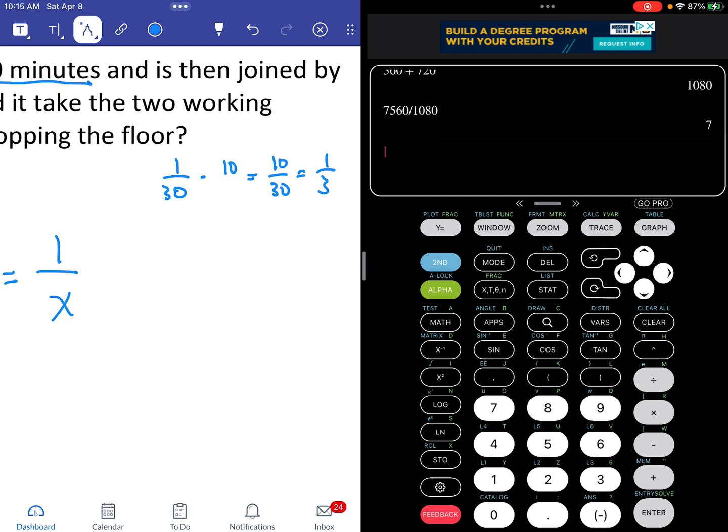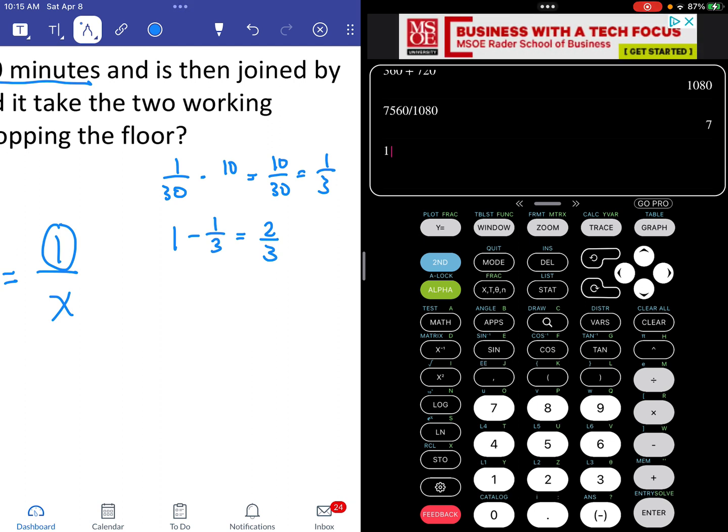So we're going to take our total job, which in this case is the 1, and subtract how much Star did. She did 1/3 of the job, which gives us 2/3 left over. So 1 minus 1/3 is 2/3. If you don't believe me, 1 minus 1/3 gives us 2/3.